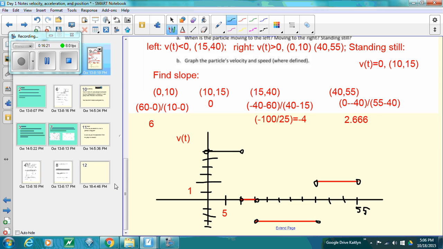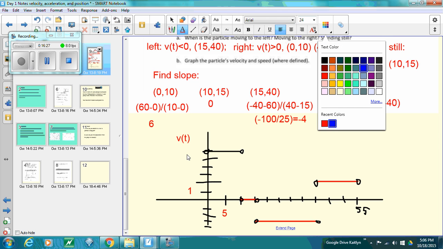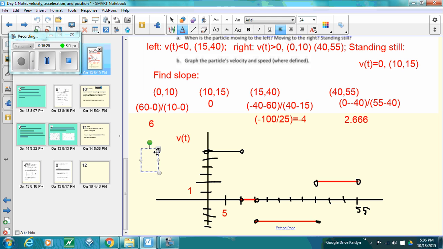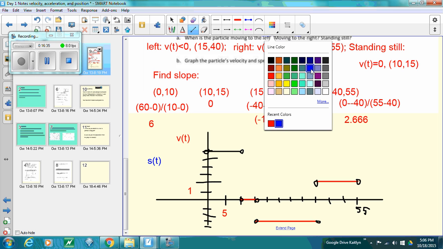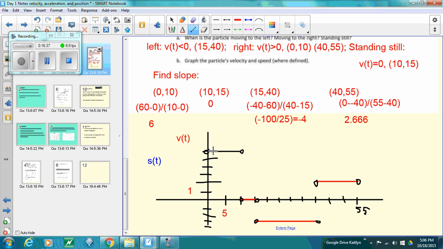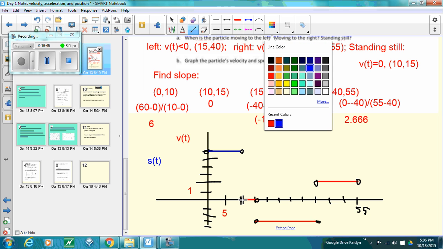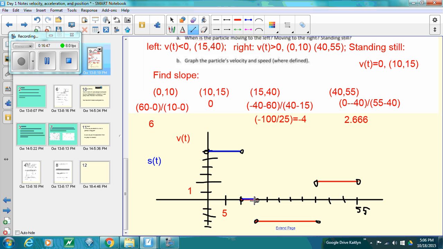And then for my speed, I'm going to graph my speed in blue. So S of t stands for my speed. That's going to be in blue. And all the positive values are the same. 0 is the same. But remember, we're doing the absolute value. So anytime we have a negative slope, we're just going to make that positive.